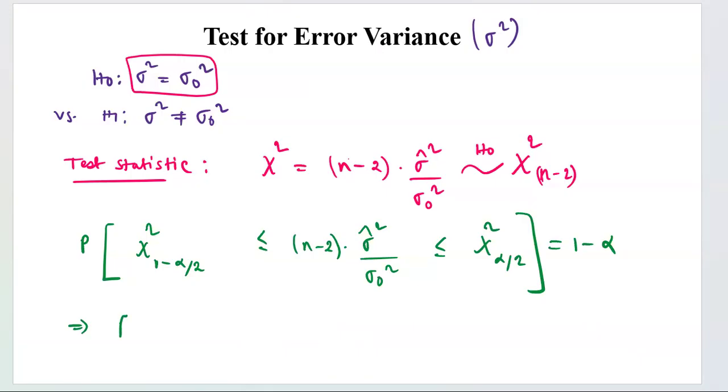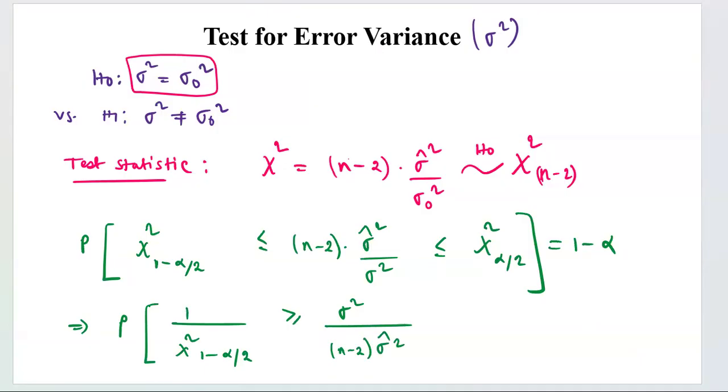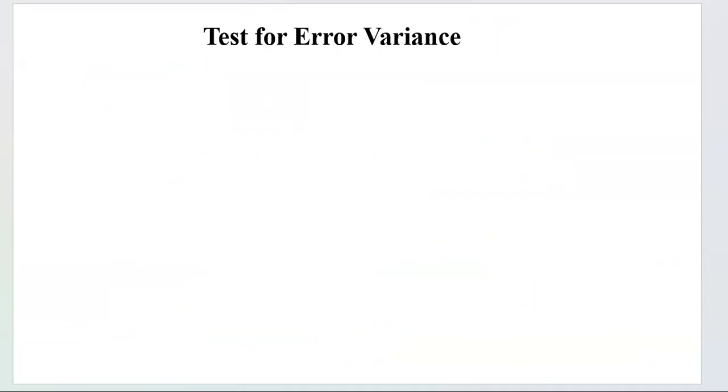Chi-square distribution is a positively skewed distribution which can only take positive values. So, probability, let me not write sigma naught square here. This will be sigma square. So 1 by chi-square 1 minus alpha by 2 is greater than or equal to sigma square upon n minus 2 sigma cap square, which is greater than or equal to 1 by chi-square alpha by 2, and this equals 1 minus alpha.